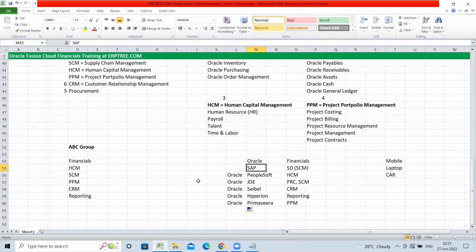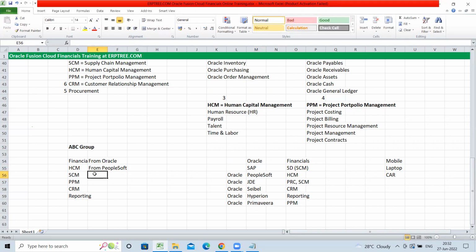Now, what they did is, they took financials from Oracle only, since that is the best. And HCM, they took from PeopleSoft.